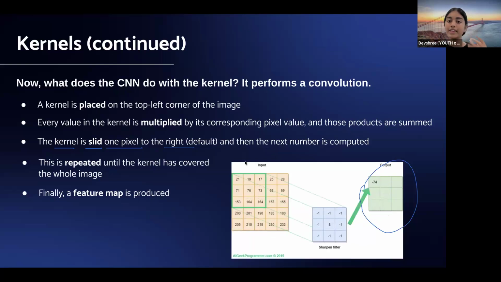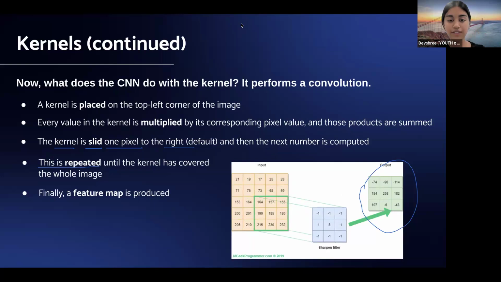Now, this process of calculation, slide, calculation, slide, calculation, slide is repeated until the kernel has covered the entire image. So that's what this step is. After the kernel has covered the whole image, a feature map is produced.